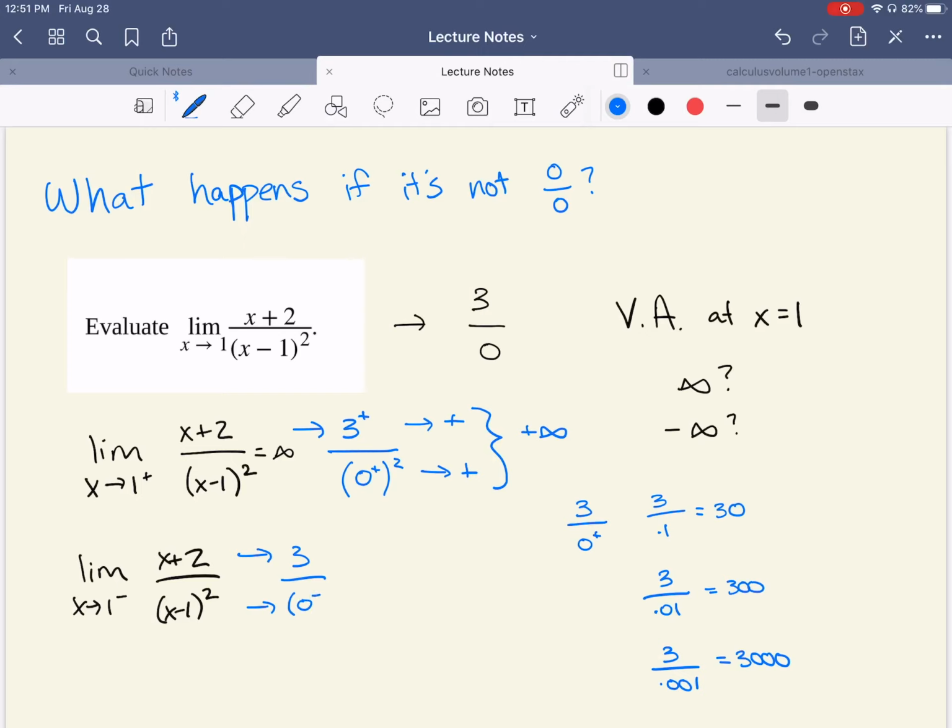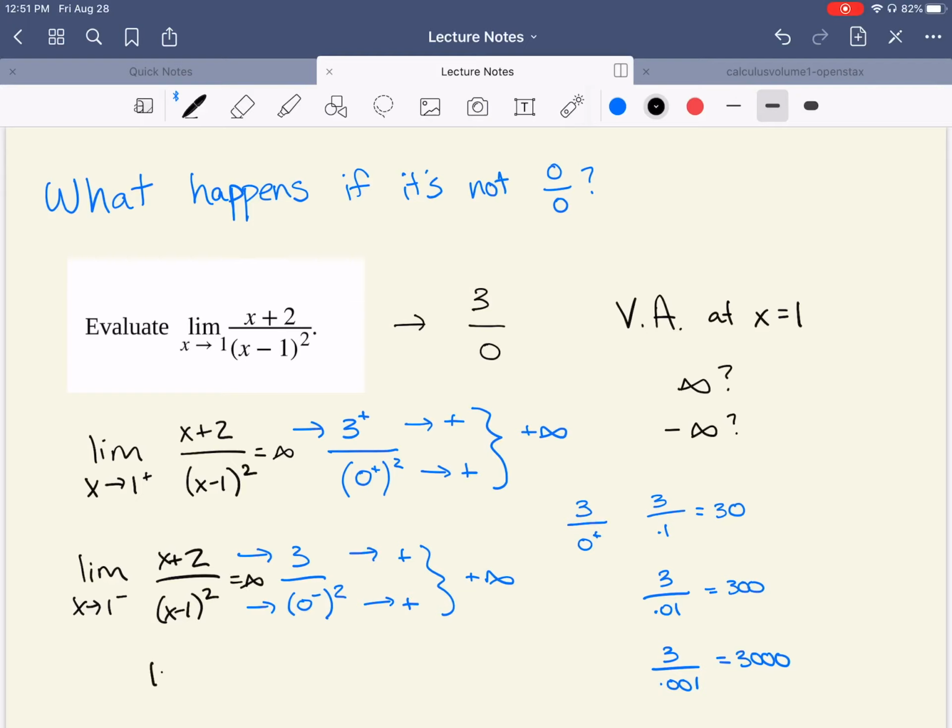So if I plug in 0.99 and I subtract 1, I get negative 0.01. So it's approaching 0, but from the left. So that's a negative number. But then remember, it's being squared. So the numerator is positive. The denominator is now positive because it's a small negative number, but it's being squared. So again, I get positive infinity. So the limit from the left is also infinity.